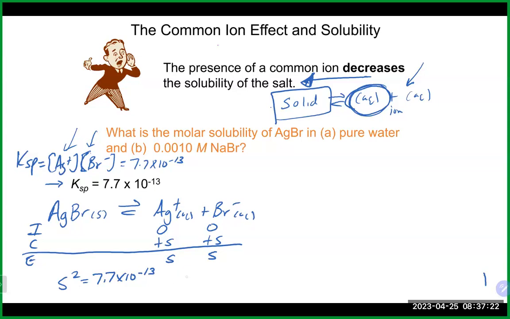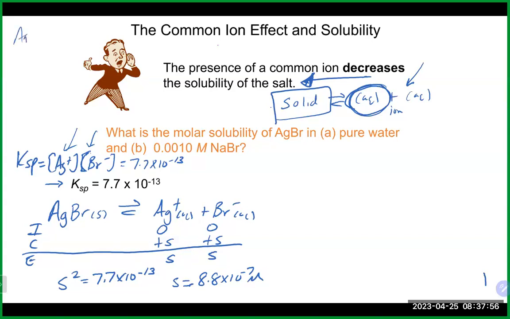We're going to take the square root of that there, and that is going to give us an S of, we'll call it here, 8.8 times 10 to the minus 7 molar, right? Which, if we wanted to figure out the solubility of it in grams per liter, we could use our molar mass.